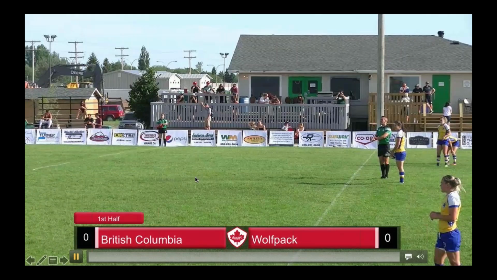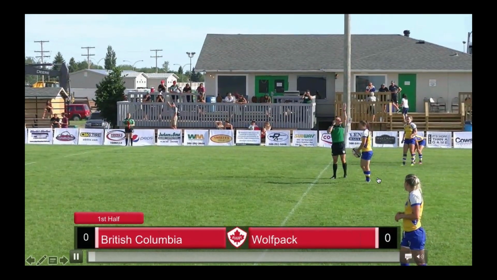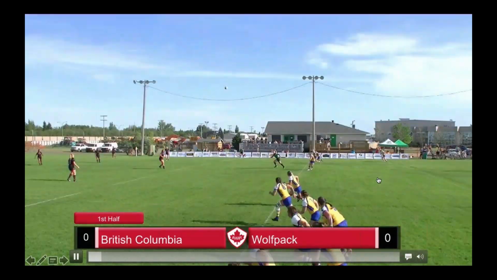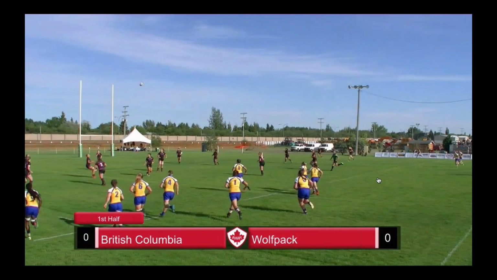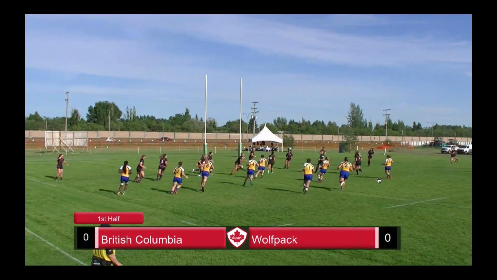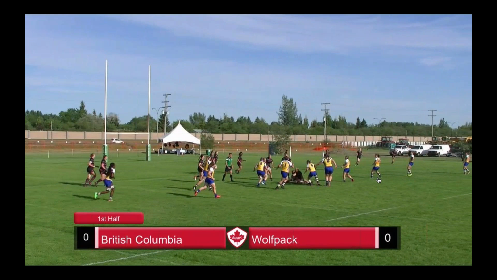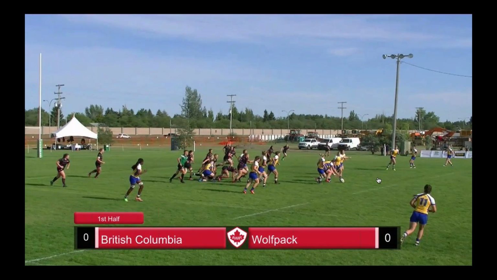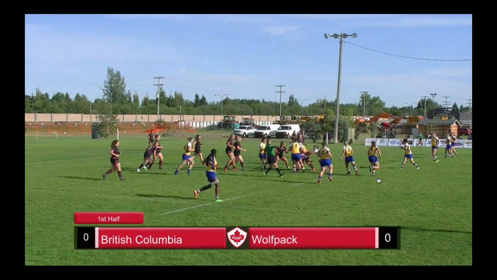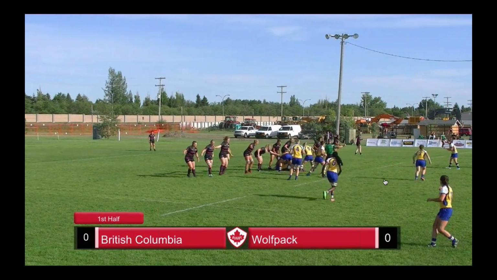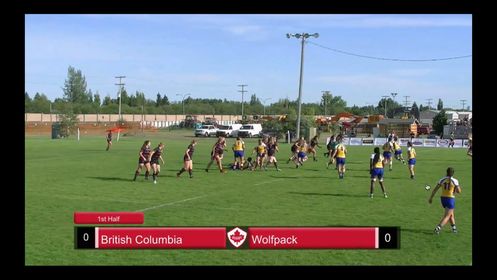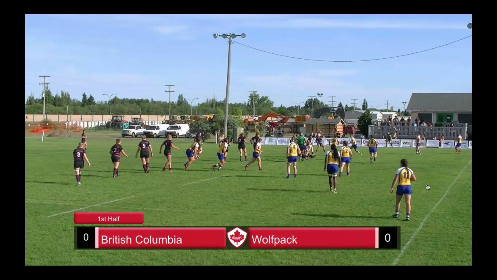So in this example, right off the kickoff, we have some very, very crisp communication from the referee, calling the advantage on the knock-on after the offload here, I believe it is. So scrum advantage, we'll play the phases, we get to advantage over, it's a real quiet, nice and easy advantage over.